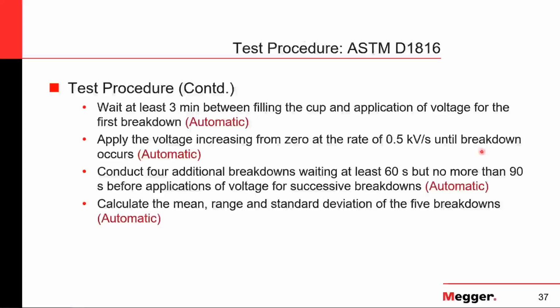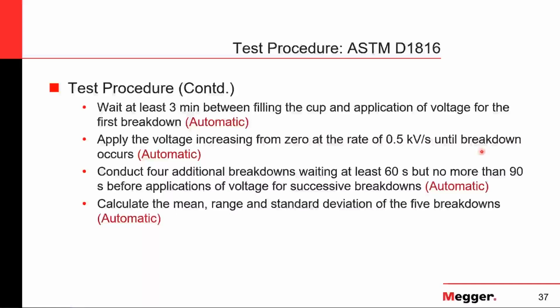So minimum 60 seconds, no more than 90 seconds before the next application of voltage. And we need 5 total measurements for D1816. After the last measurement is done, your instrument will give you a mean calculated value, a range, the standard deviation, using those 5 measurements just taken.